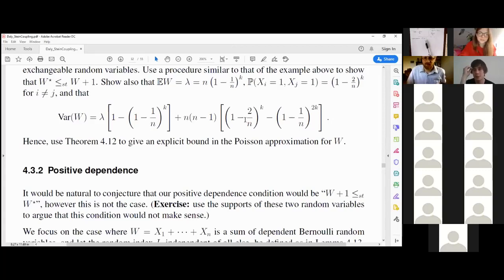May I just repeat everything for a few seconds? We have this problem with urns, and instead of an analytically constructed size bias distribution, we constructed it in a probabilistic way.